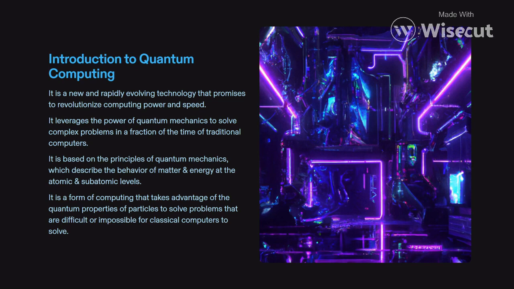Here we call them quantum bits, or qubits, that could represent the state of different calculations or parameters, and using that we can solve any kind of computing problem in a fast and powerful way.